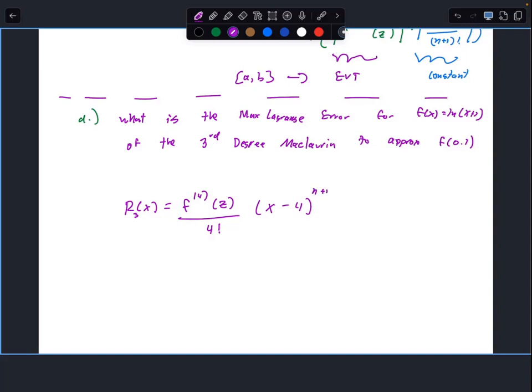Or sorry, to the 4th. x minus a, this is going to be 0.1 to the 4th. Yes? Then again, this is your delta x. This is your b minus a. This becomes your b minus a value. That's your delta x, how far you're going to be going off from there.